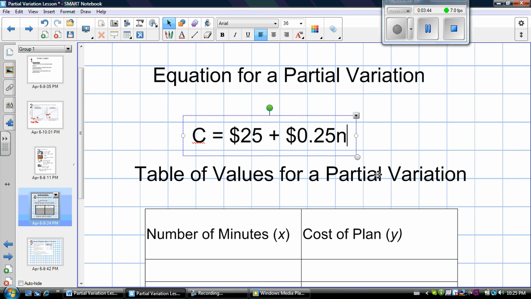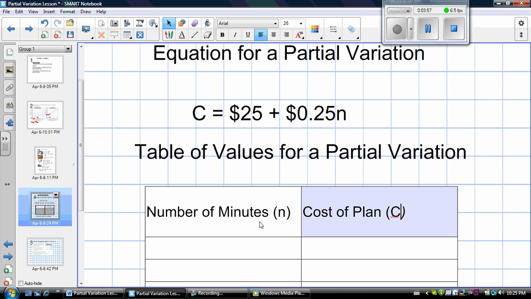Next, we have a table of values for partial variation. So number of minutes, oh, down here I put x, I'm going to change that to n. Over here the cost of the plan, I'm going to change that from y to c. So number of minutes n, cost of the plan c.